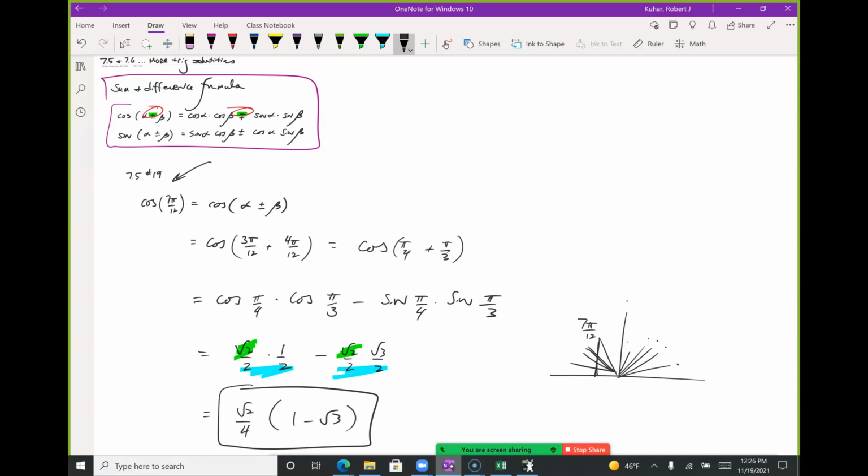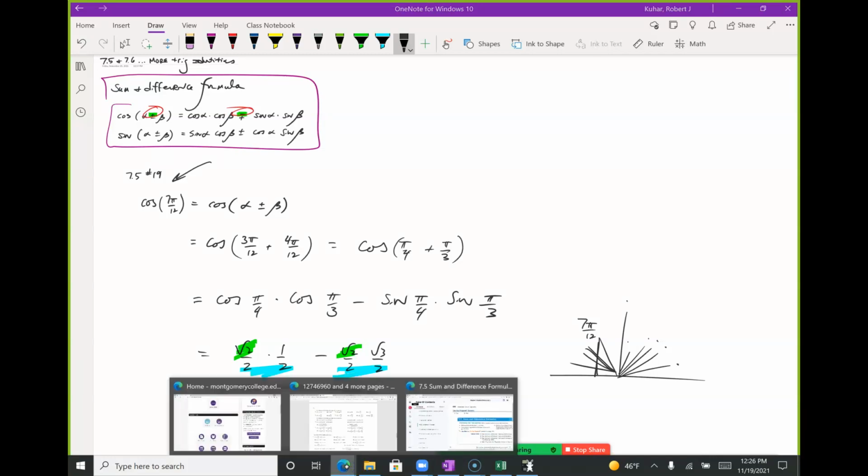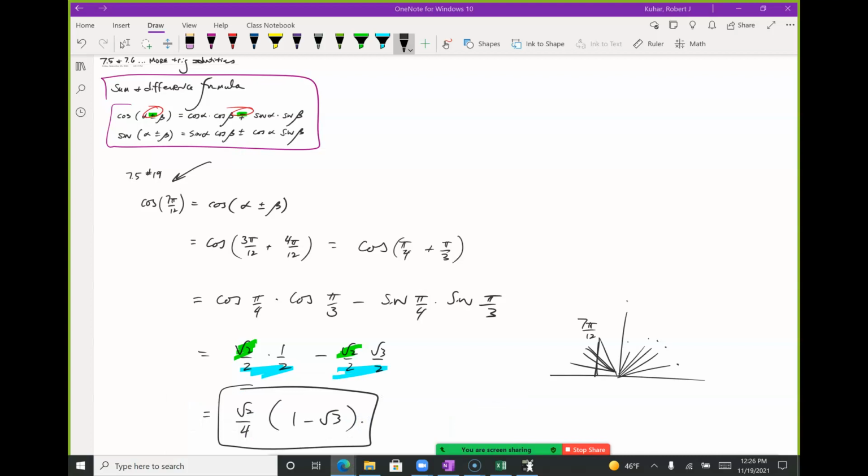Nice. Let's see if we do another one here. Let's do, and I'm looking at, again, 7.5 homework. Let's do 23. Secant of minus pi over 12.